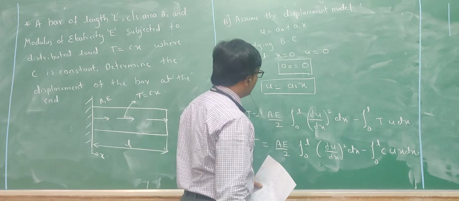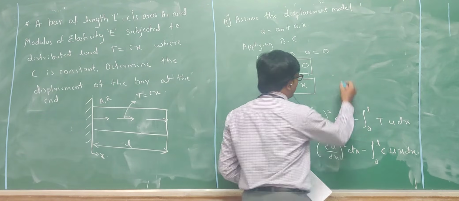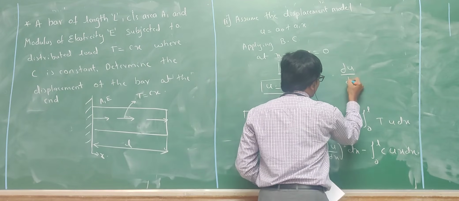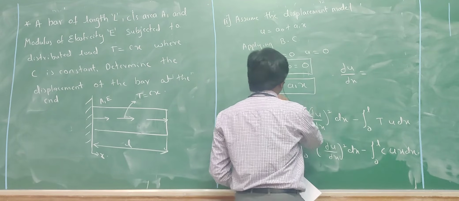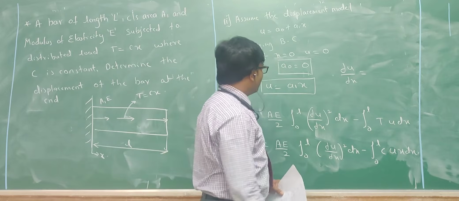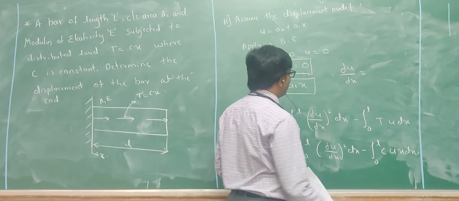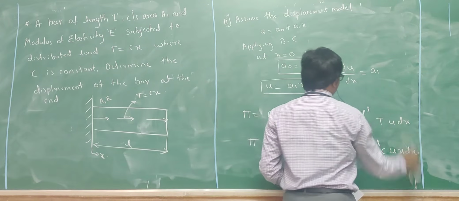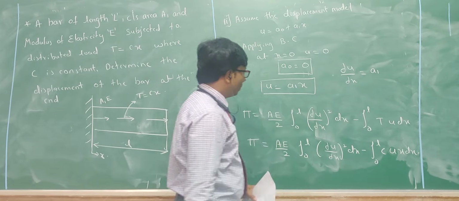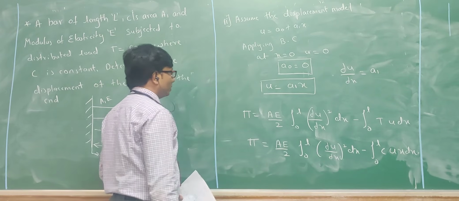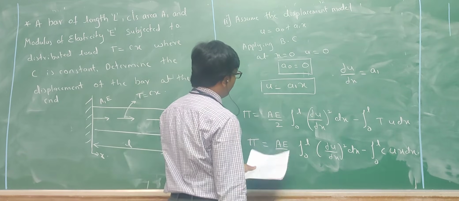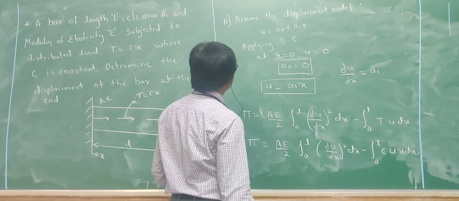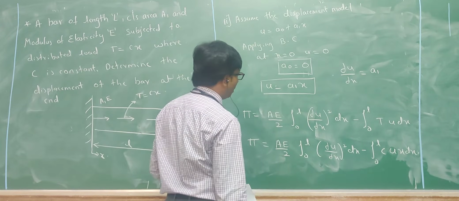Next I'll find the value of dou u by dou x. U is a1x, its differentiation with respect to x will be a1. I hope it is clear.